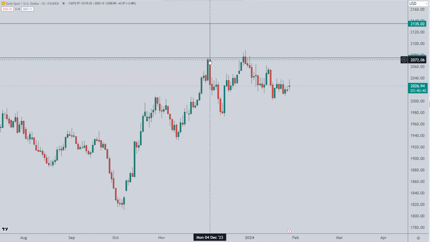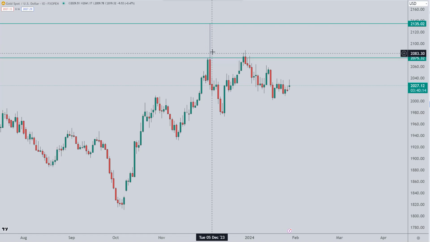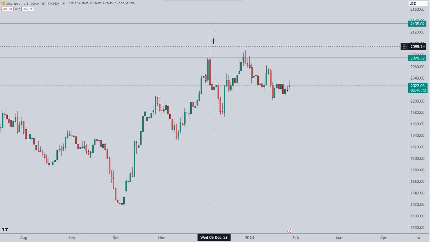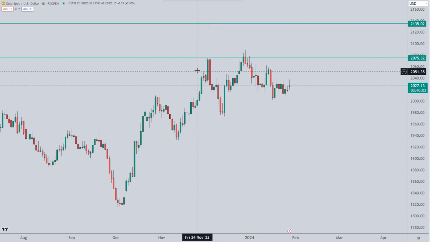Because of the close right here, this is considered a top. The market spikes right there and rejects it. So in a pattern like this, we have two areas of resistance. We have two price levels of resistance, and because this spike is so big price-wise, it's not one big zone of resistance, it's actually two price levels that are both resistance.